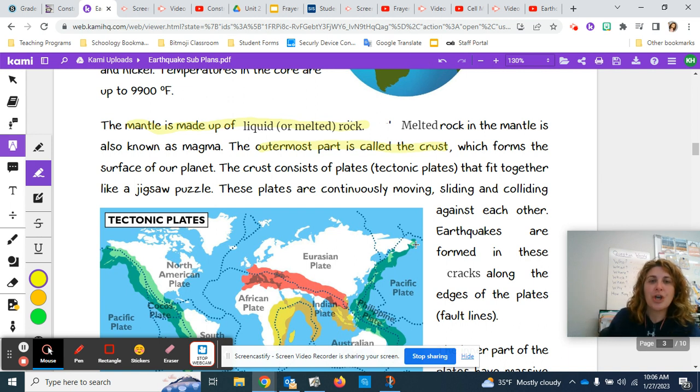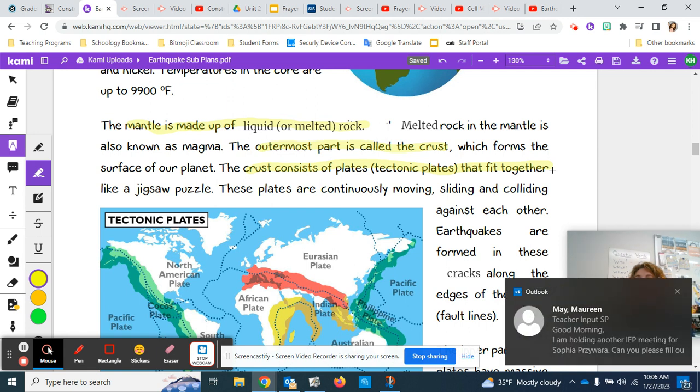The crust consists of tectonic plates that fit together. So, hay muchas partes de la corteza y las partes están juntos.